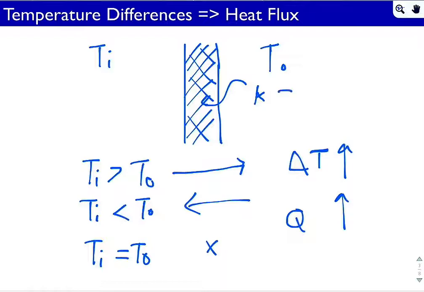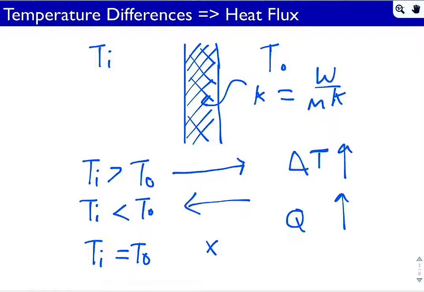And the units of that are going to be watts per meter degrees Kelvin. The higher the thermal conductivity, the greater the heat transfer. Metal has a high thermal conductivity. The lower the thermal conductivity, the lower the heat transfer. Things built for insulation like fiberglass are specifically designed to have low conductivity.